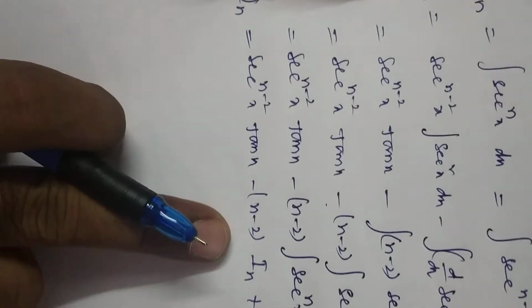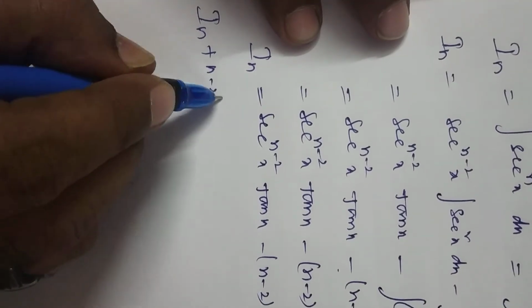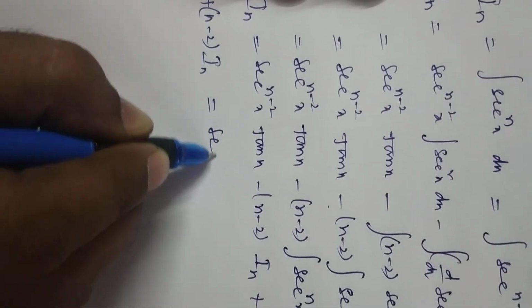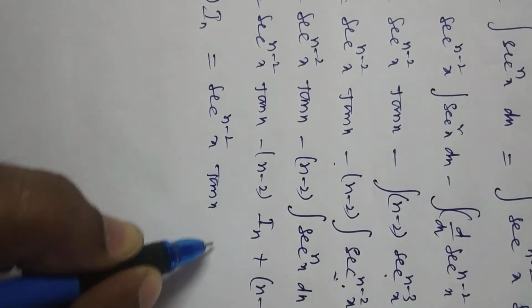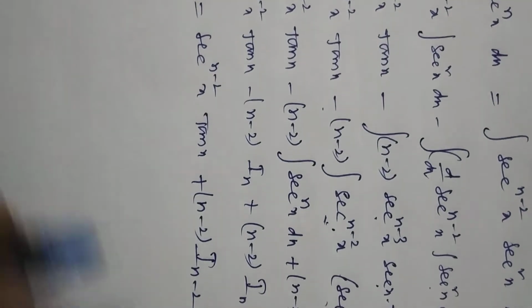So here we have one I n. So let us take this n minus 2 into I n to this side. So I n plus (n minus 2) into I n is equal to secant power n minus 2 of x into tan x plus (n minus 2) into I n minus 2.